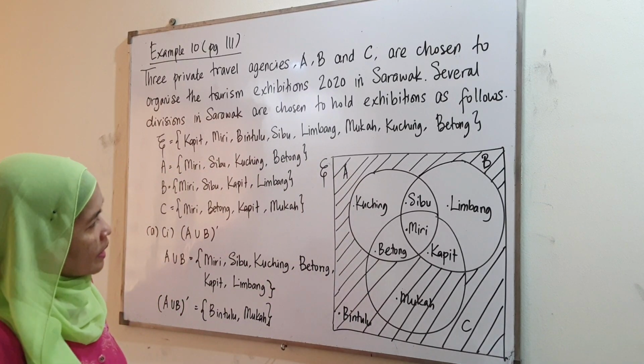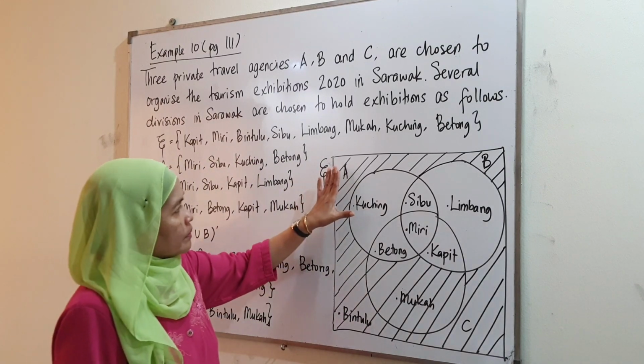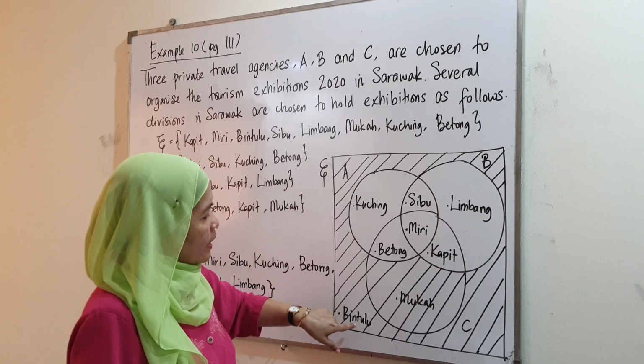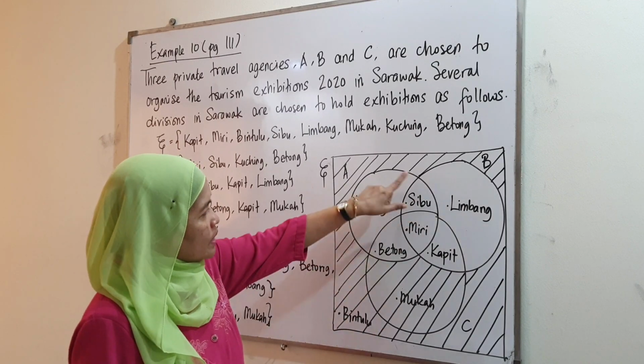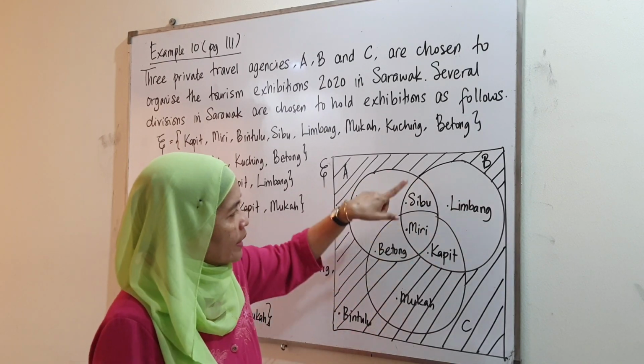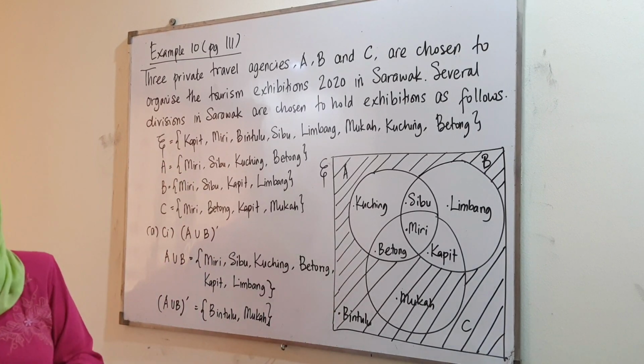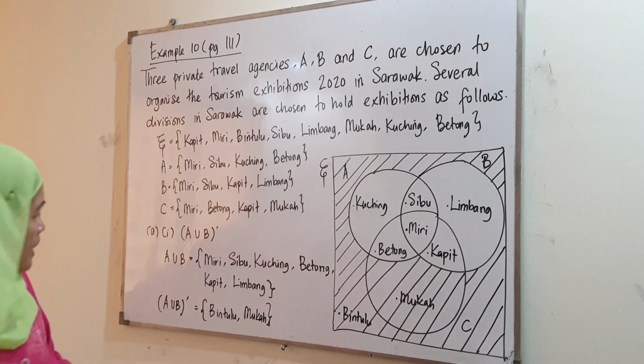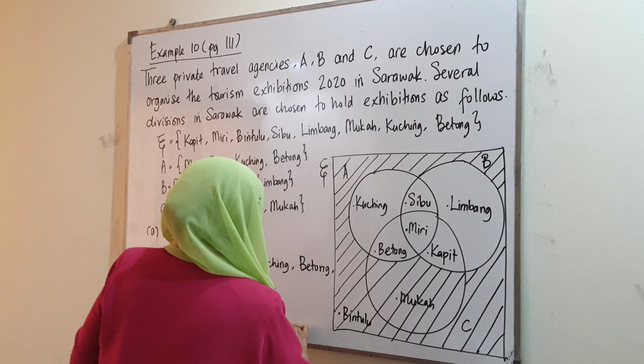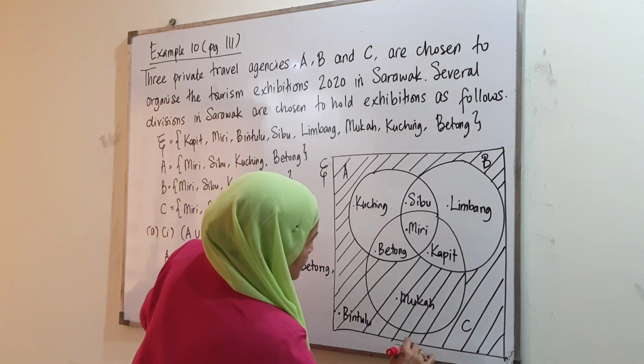So we shade the area of Bintulu and Muka, and this one has no shading. So this is the answer for A1 and the answer for A2.